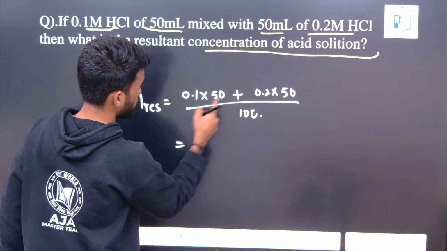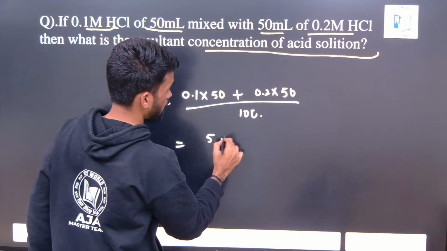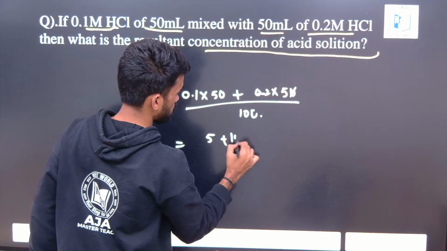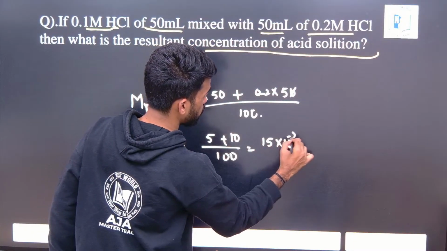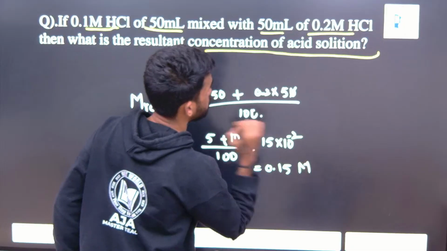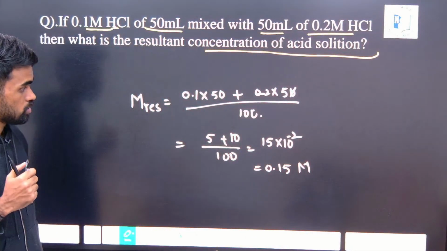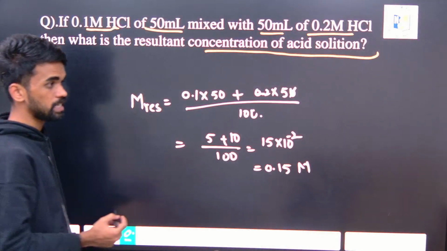What is this value here? 5, and here it will be 10, so 15 by 100, or 15 into 10 power minus 2, or you can simply say 0.15 molar solution. Is that clear or not?